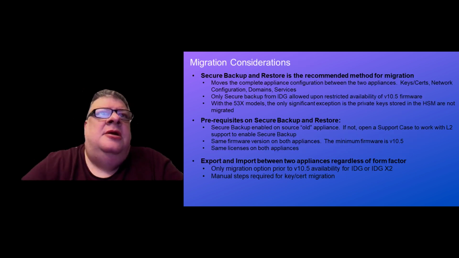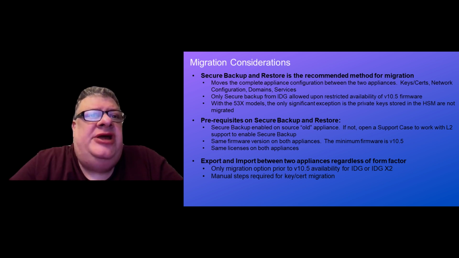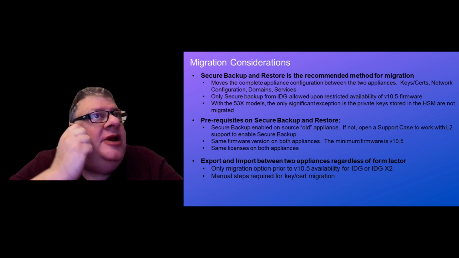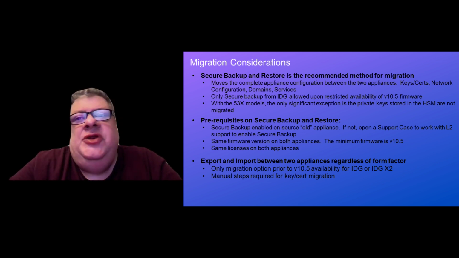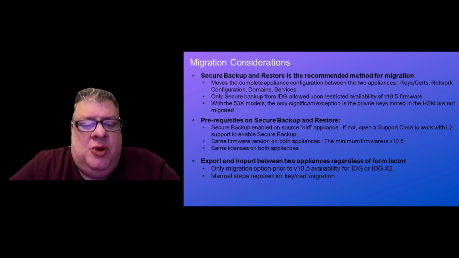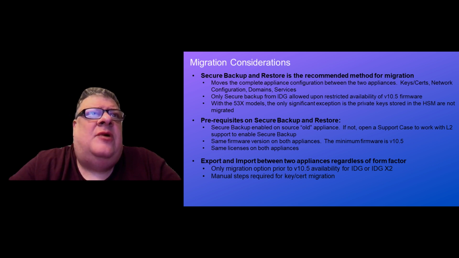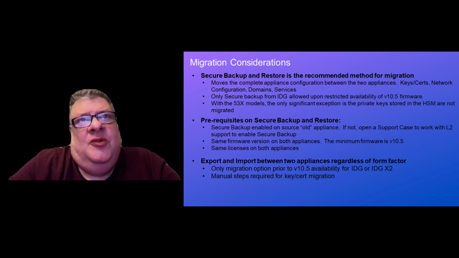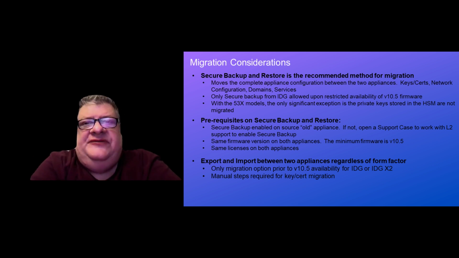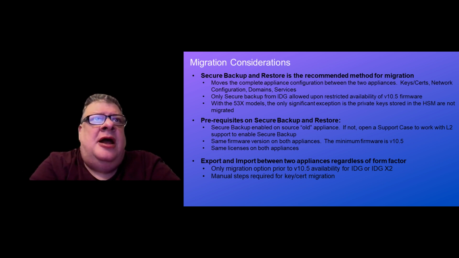So let's talk about the migration briefly between the two. If I'm going from an IDG to an X3, let's say, which would be the normal migration, we'd assume most of you who have X2s in production probably will maintain X2s for a while. Some will move up and they can run 10.5, and it's a very simple migration.